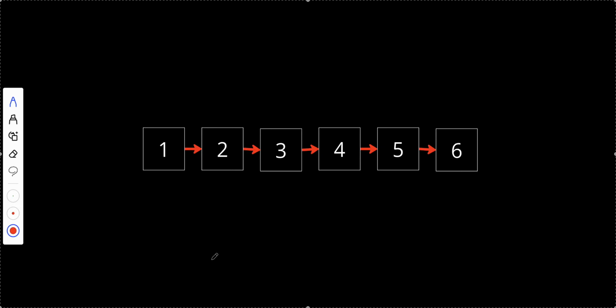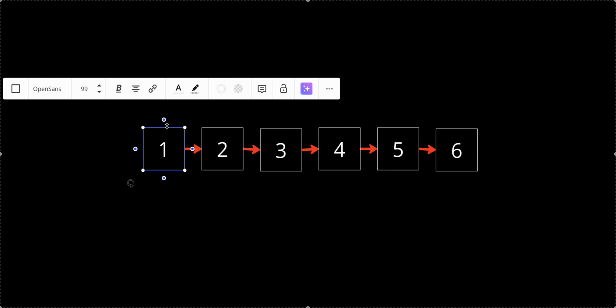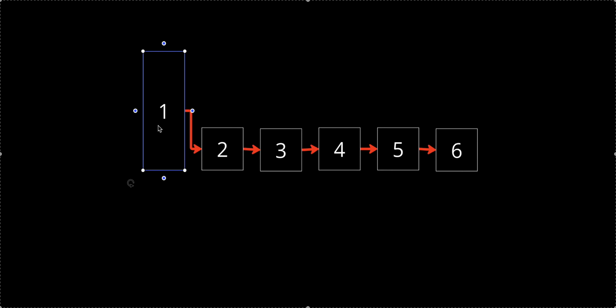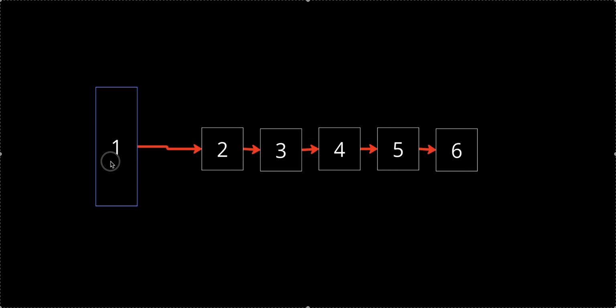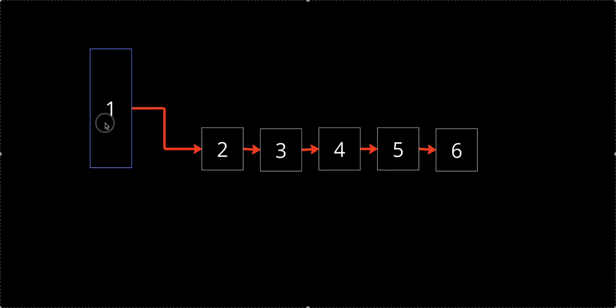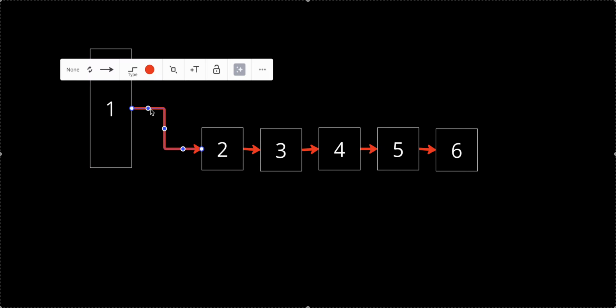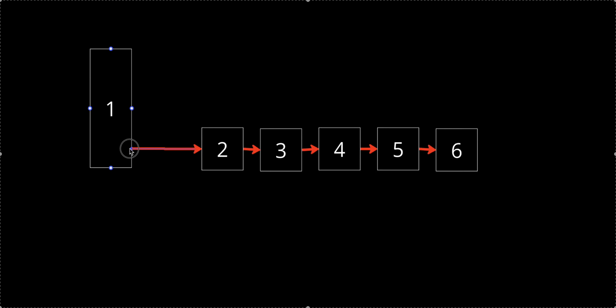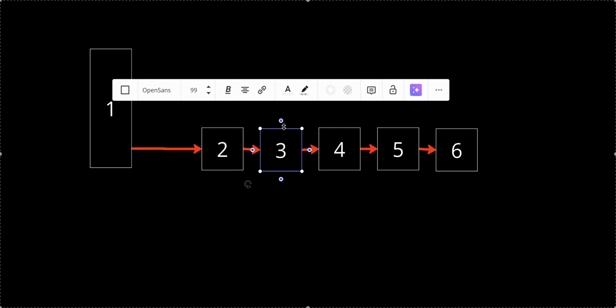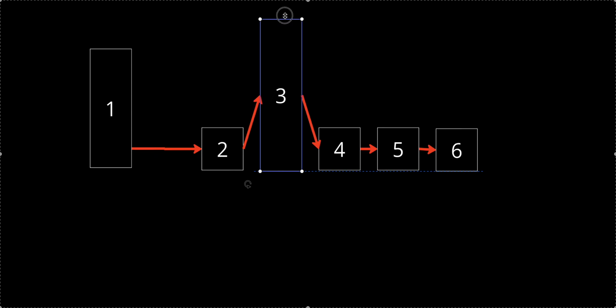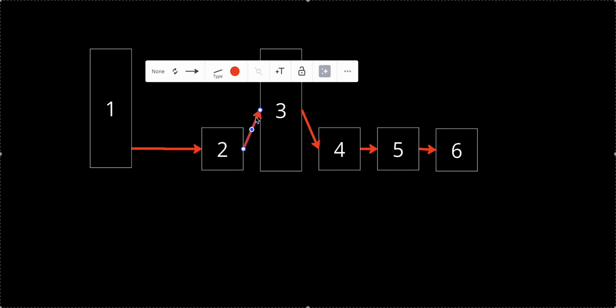We said we add shortcuts, but what does that mean? So, for example, 1 points to 2. Also, let's make 1 quite big, and let's make the pointer go down, and make 3 big as well.